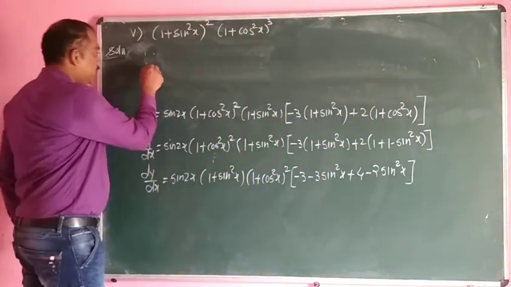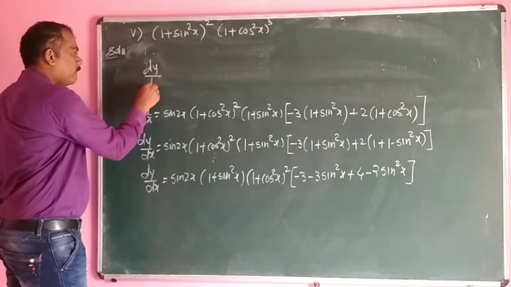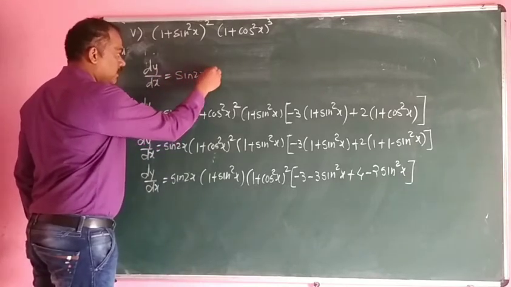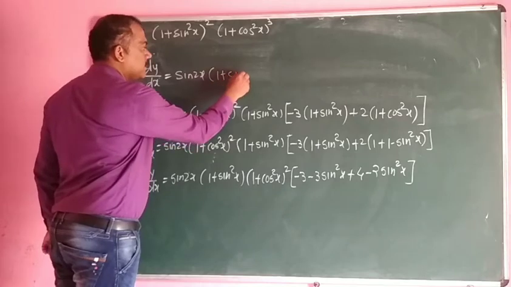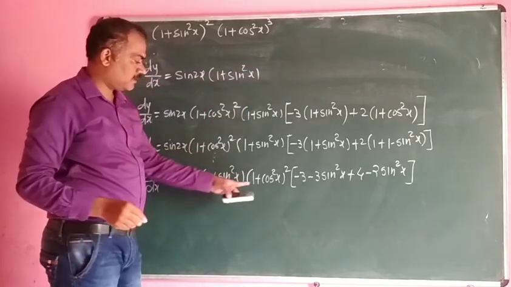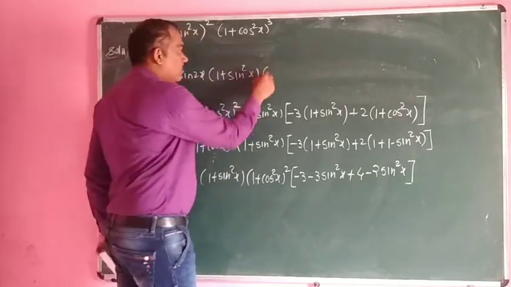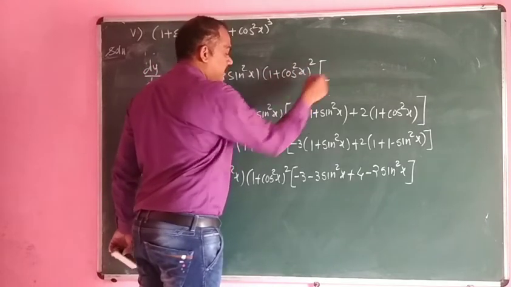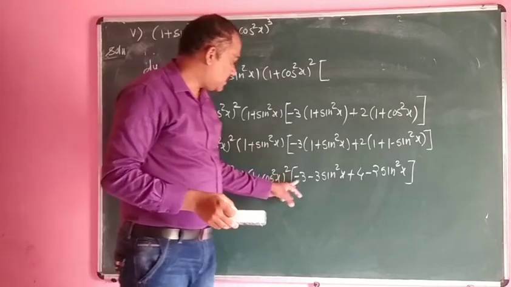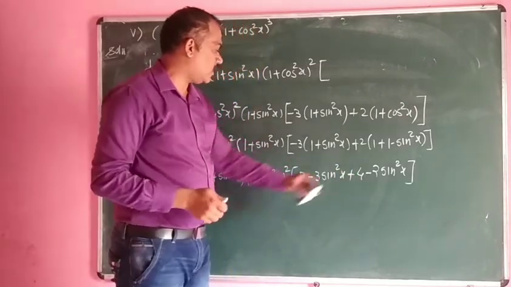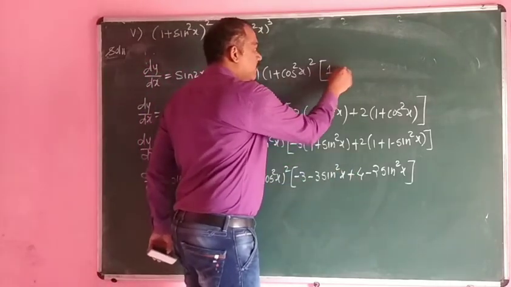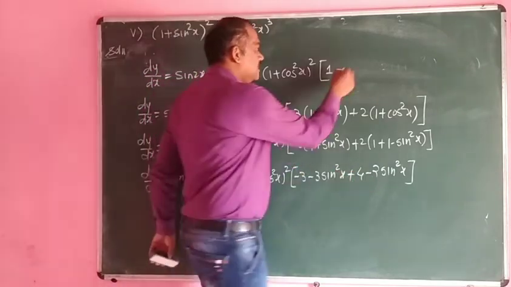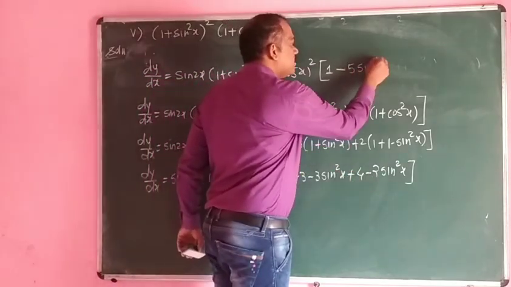That is dy by dx is equal to sin of 2x into (1 plus sin square x), this one as it is, (1 plus cos square x) bracket square into, see here, minus 3 plus 4, that is plus 1, minus 3 sin square minus 2 sin square, that is minus 5 times sin square x.